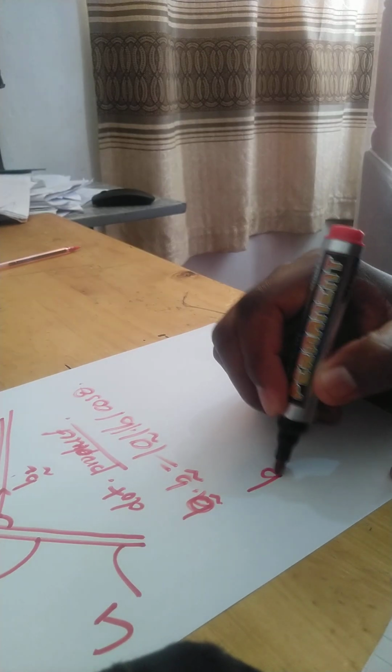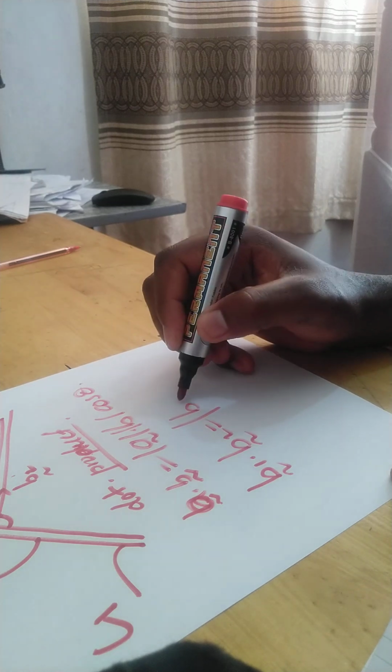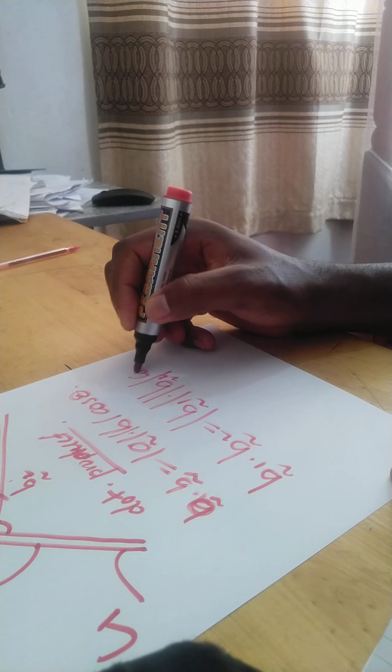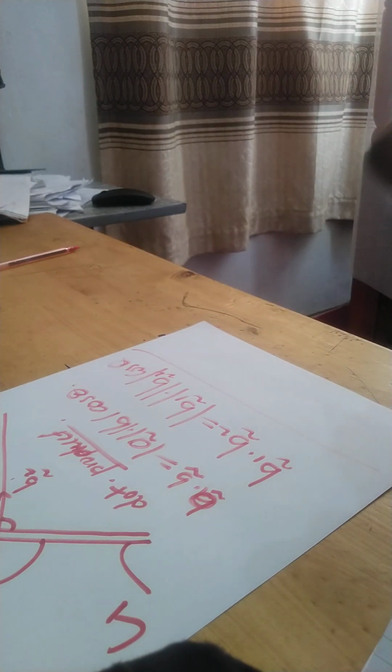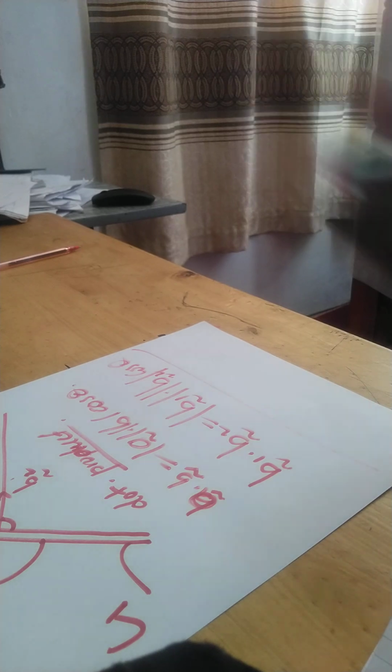Here it will be B1 dot B2 equal to the absolute of B1 times the absolute of B2, then the cos of theta. Why are we not taking line points? Line points are not vectors. We just take the direction vectors.